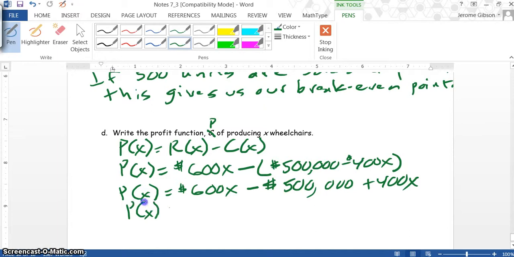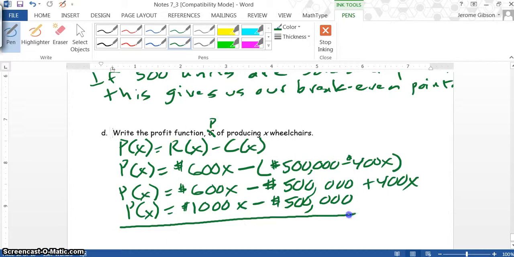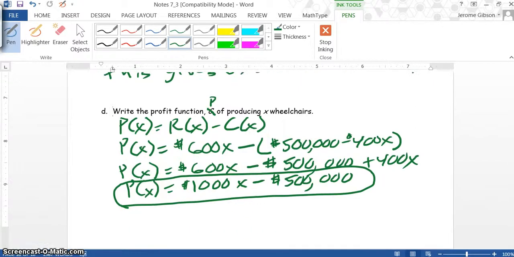So we will have P of x is equal to $200x minus $500,000. And this is the profit function. And this is the final answer. And we are done.